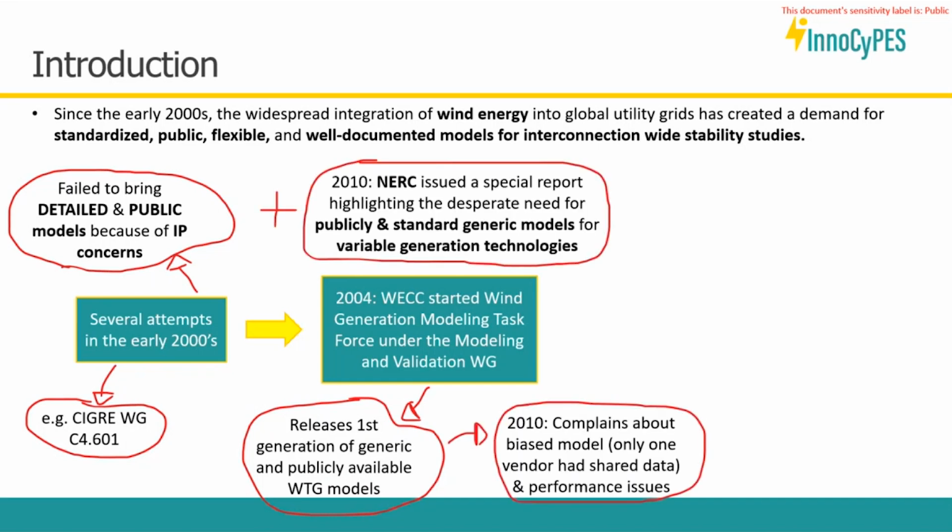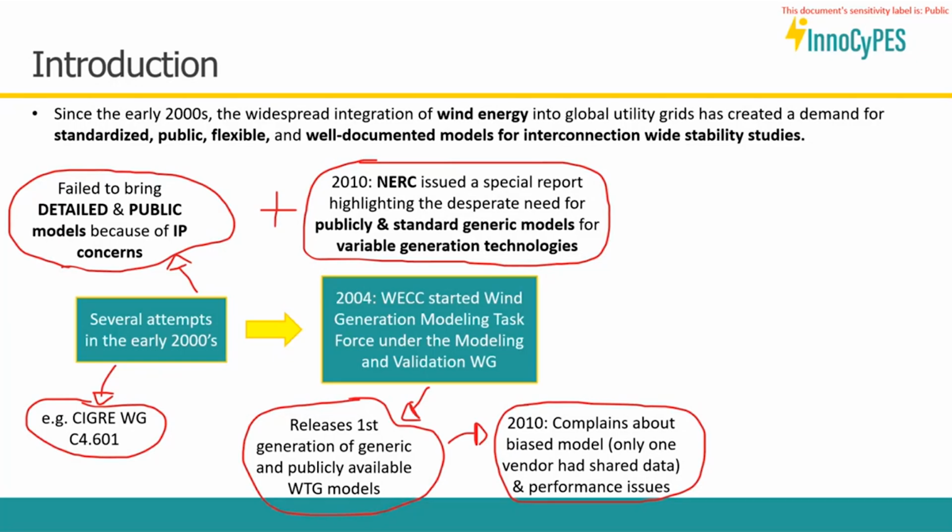But then in 2010, there were complaints about the biased model. They said this is not really generic, because it looks like it can represent a specific manufacturer well. Indeed, not many manufacturers were willing to share data, but one did, and they built the model mostly based on that one that shared. So in the end, that's why it was biased, of course.